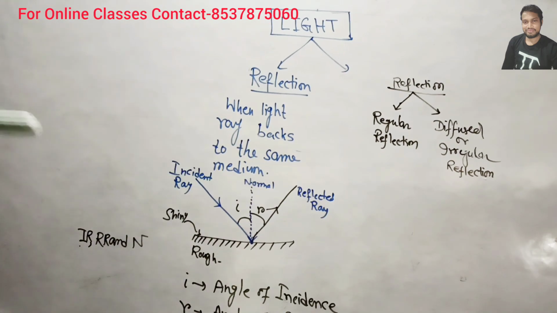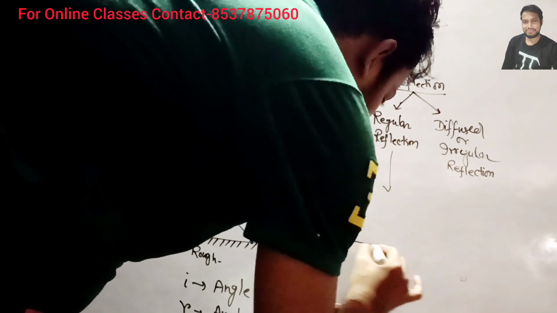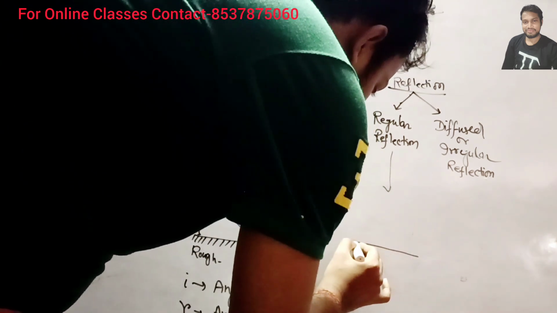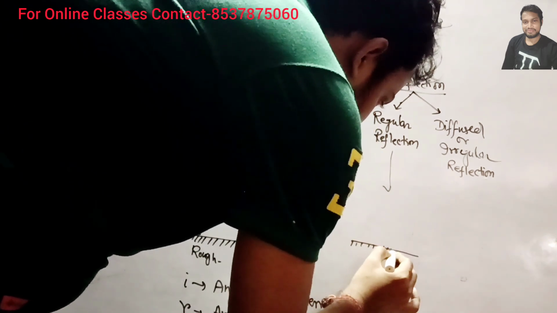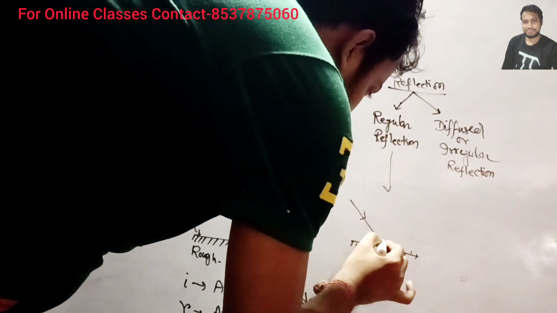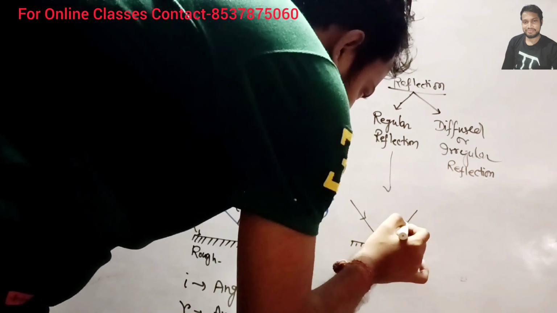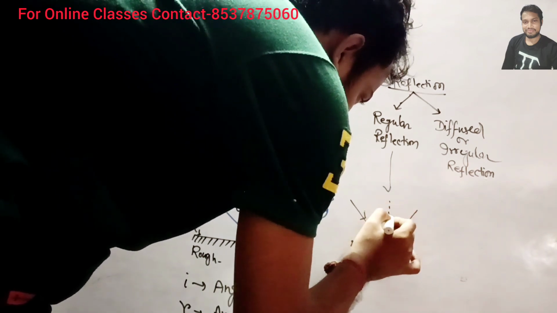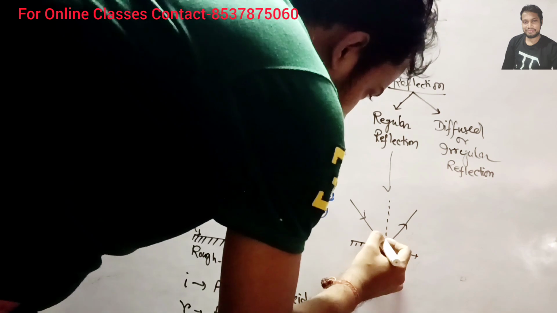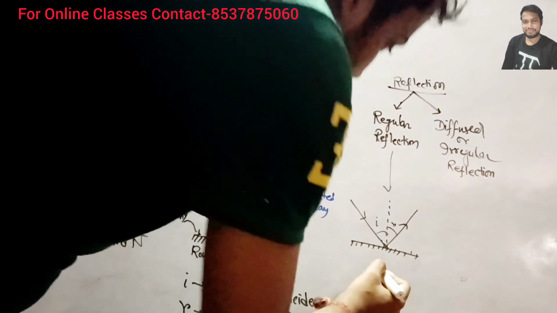So, what is regular reflection? If you take a mirror, with one side rough and another side shiny, a light ray comes and follows the laws of reflection. The incident ray, reflected ray and normal are in the same plane, and the angle of incidence and angle of reflection will always be the same.